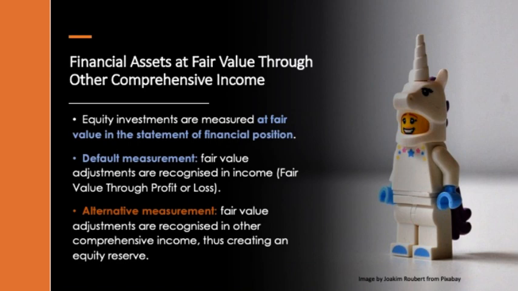This specific OCI will go to a brand new column in the statement of changes in equity. That column is called the mark-to-market reserve. You mark the shares to their market value, mark-to-market reserve.